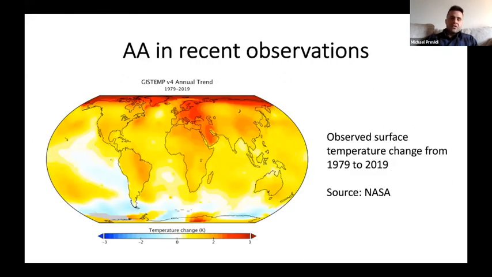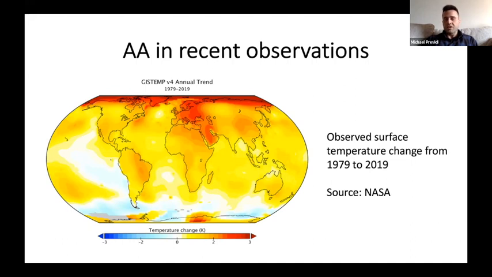It turns out that Arctic amplification is really a very robust feature of the climate response whenever we perturb the climate. And so I'll show you a few examples of that. First of all, this plot shows observations of surface temperature change for the past few decades, for the period 1979 through 2019.